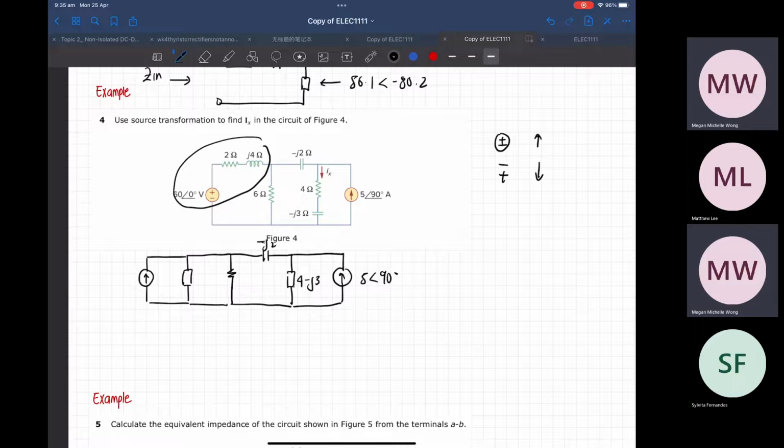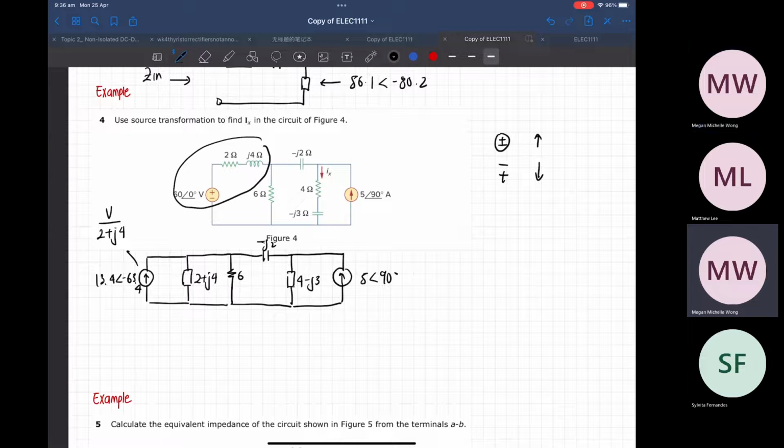This is minus J2. This is 6. And this is 2 plus J4. And this current is this voltage over 2 plus J4, which gives me 13.4 angle minus 63.4.